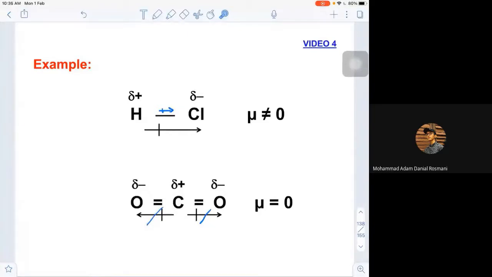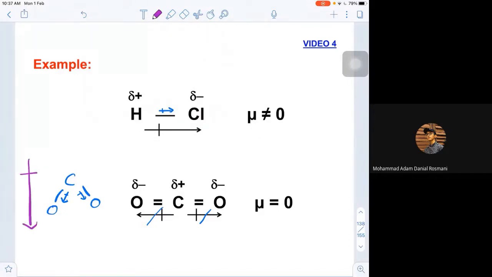That is why we have to know the correct shape. However, if you wrongly determine the shape of CO2 and make it bent, then since both of them are towards oxygen, we will have a resultant dipole moment that is downward.